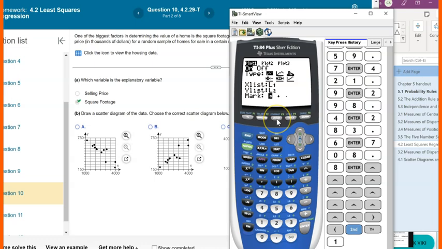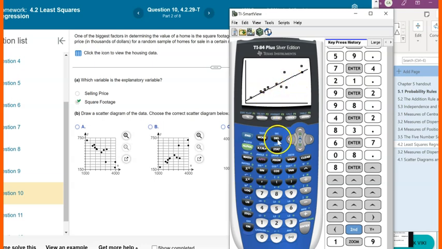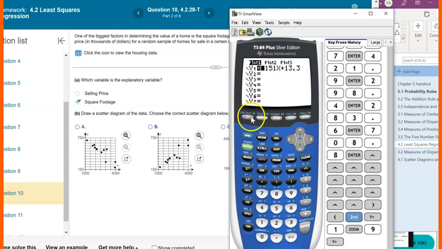Then just do Zoom 9 and you can see the data. But look at this line here, it comes from my previous problem. You have to clear that so the line is not going to show up. I am clearing the equation because I had an equation from a previous problem. I cleared that by clicking Y=, and it's gone. Let's do Zoom 9.